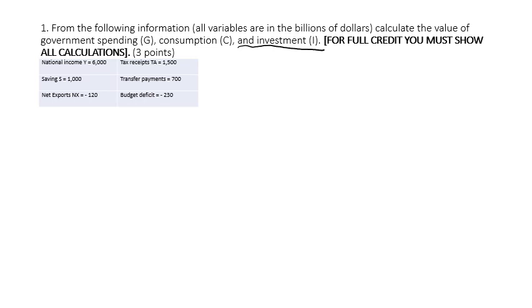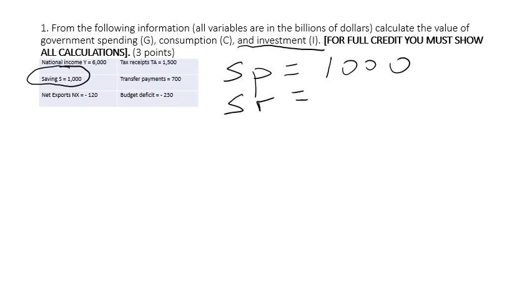So what's my approach here? It's the following. I start with SP, savings, equal to 1,000. There's SR. SR, you remember, is related to net exports.